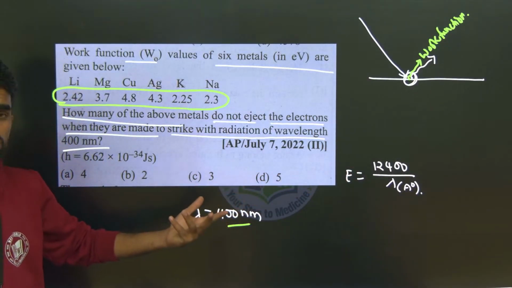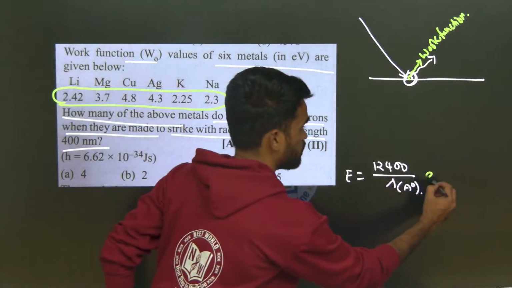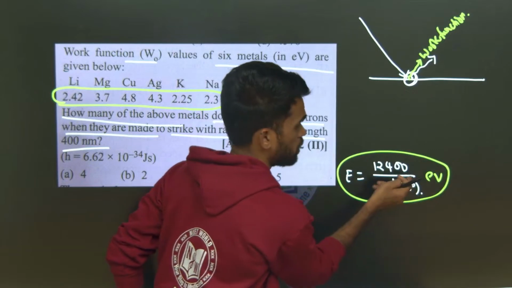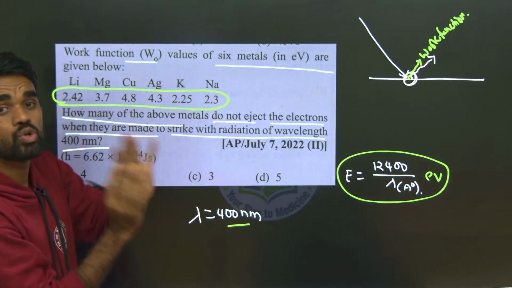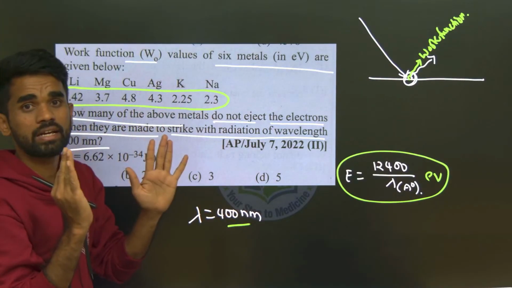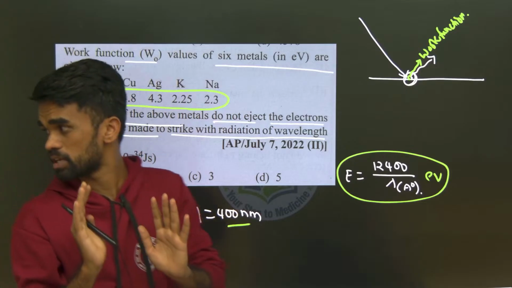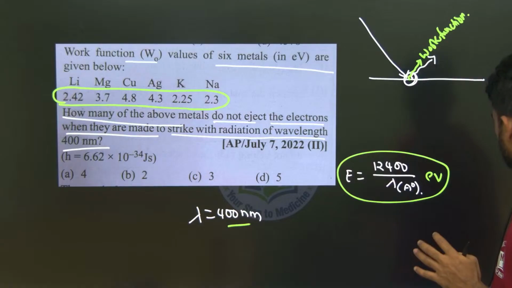You will get some value, and this answer will be in terms of electron volt. If you are getting this value greater than these work function values, then the photoelectric effect is observed. If it is lesser than these values, no photoelectric effect is seen in those cases. So based on this, you can easily answer this, right.